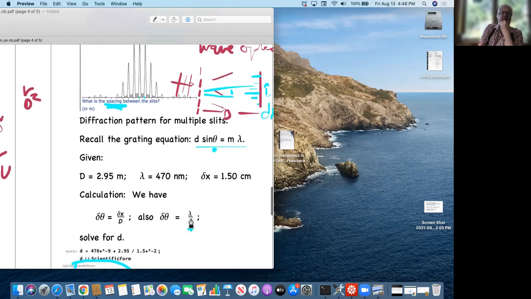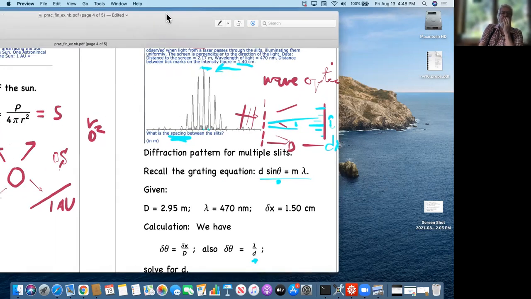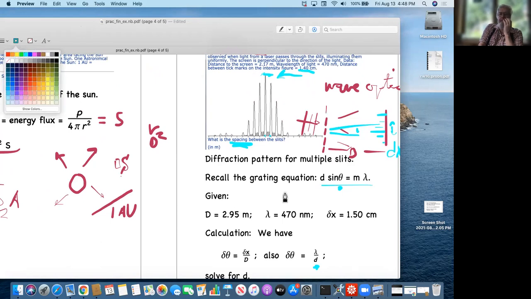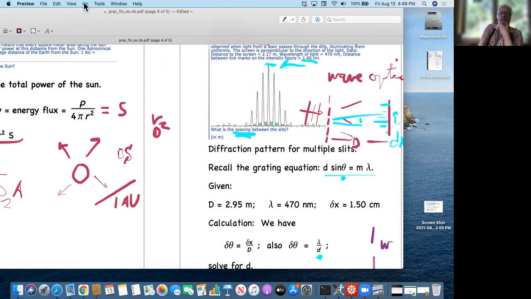Now, the other questions have to do with the diffraction through the slits, which are in fact not terribly narrow. So if I draw a picture again, I have a slit here, which has a width W. And I want to know what is that width.